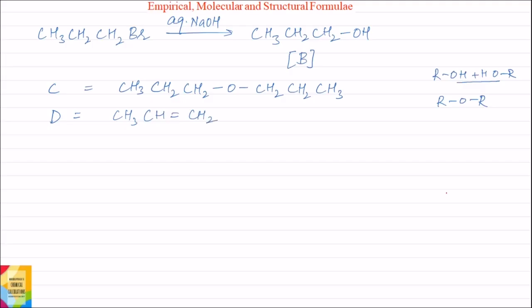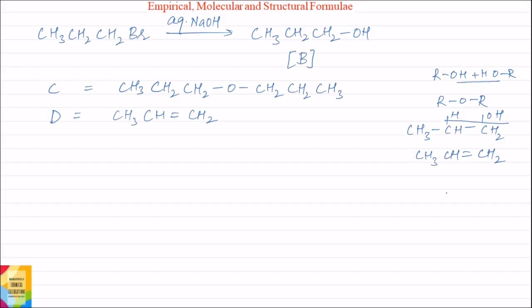The reaction which must have taken place is: this is the structure of B, CH3CH2CH2OH. When heated at high temperature with alumina, that is at 300 degrees centigrade, there will be elimination of a water molecule from the same molecule, so the compound formed will be CH3CH=CH2, which is the structure of D.